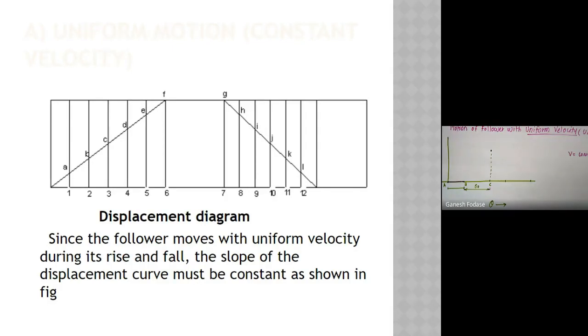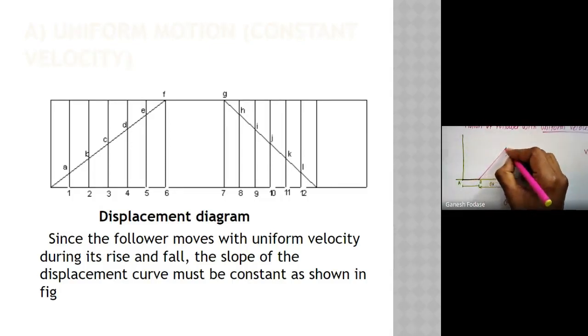So the slope of the displacement curve will be a constant with respect to time. The slope is constant, and hence I can draw it like this. So this is your follower displacement diagram during the rise stroke.